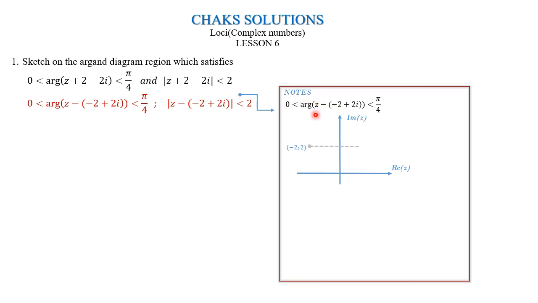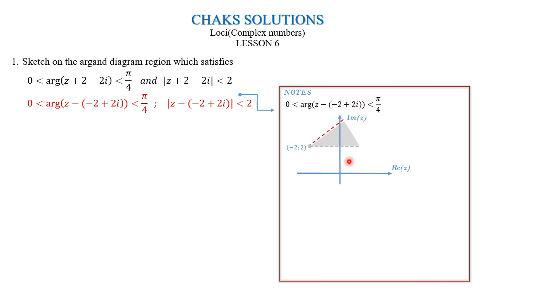So we are saying the angle will be greater than 0 degrees, from this line going up. Then we also need another angle of pi over 4. So another angle of pi over 4 is this one, right? But from the angle of pi over 4, we need the region which is less than. So the region which is greater than and less than, they will intersect at this point here. Right, so that's the point of intersection. So that's the locus that is being represented here.